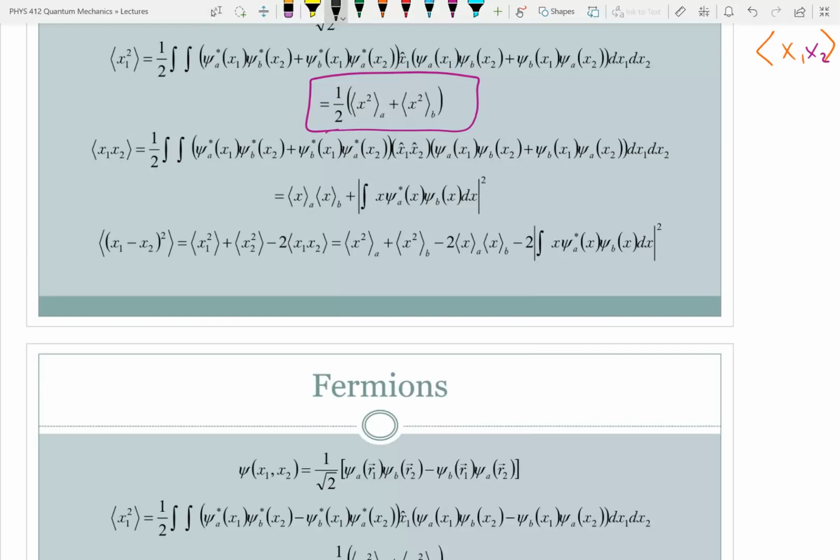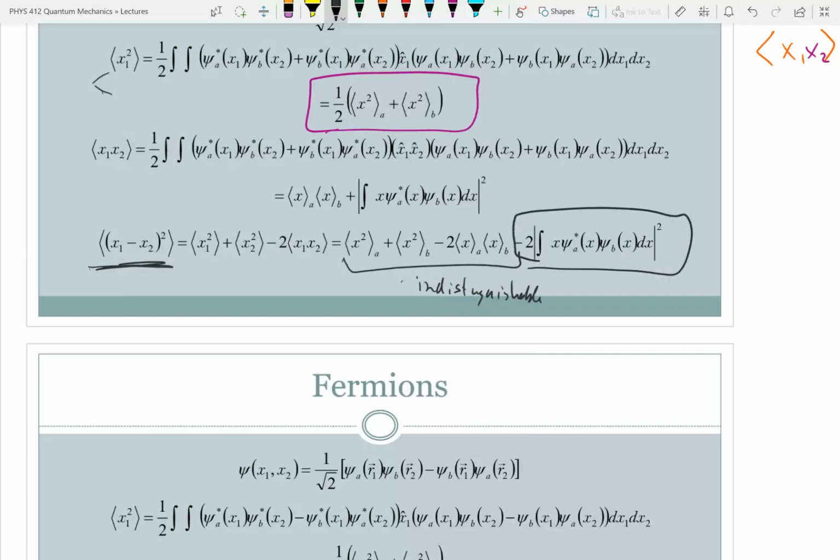All right. So now plugging in the x1 squared expectation value and the x1, x2 expectation value, and by analogy the x2 squared expectation value, we have the expectation value of the separation squared is the expectation value of the separation squared for indistinguishable particles, minus this term.